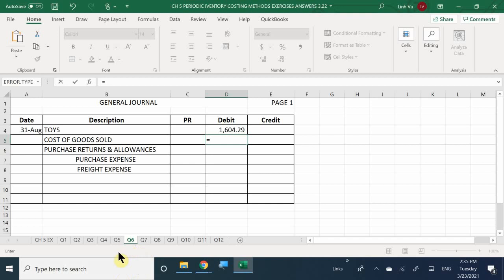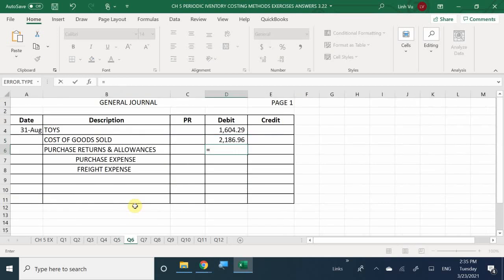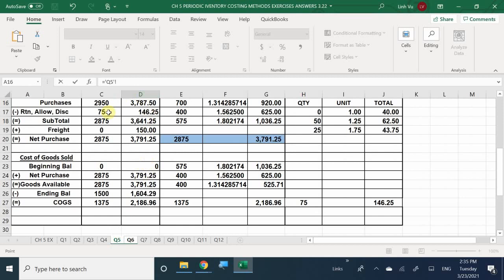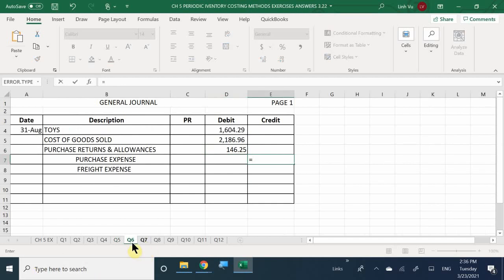What is my cost of goods sold? $2,186.96. Good. What was my returns and allowances? 146.25.